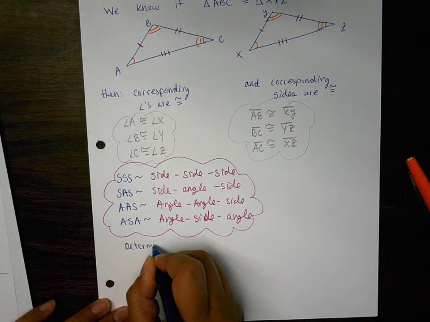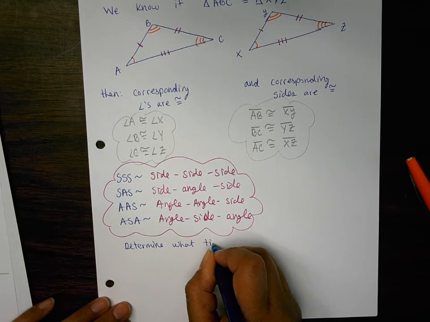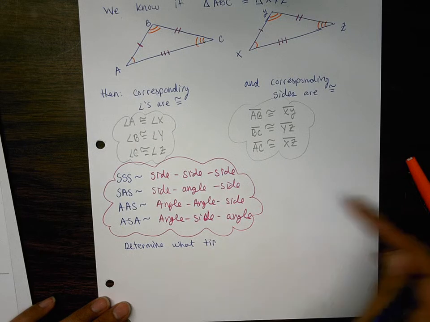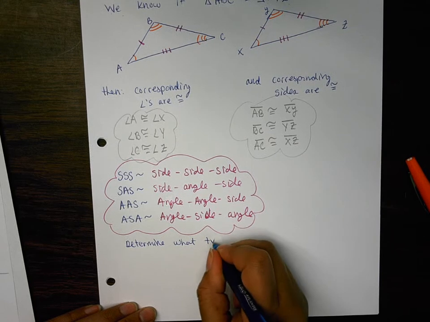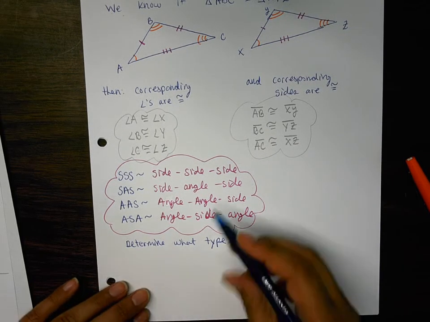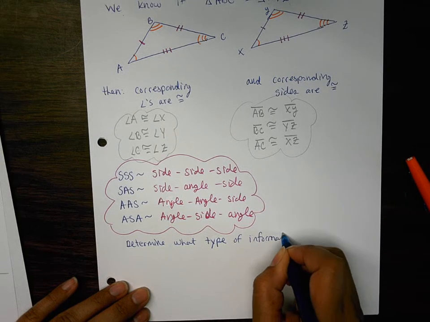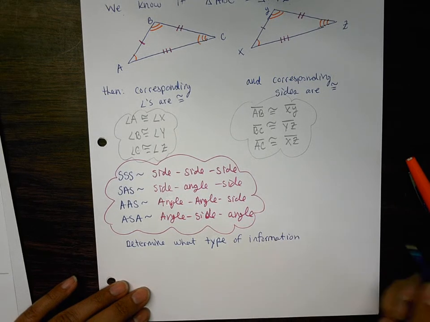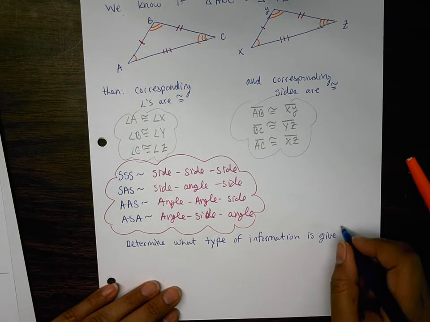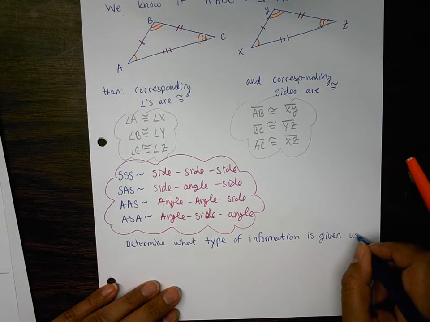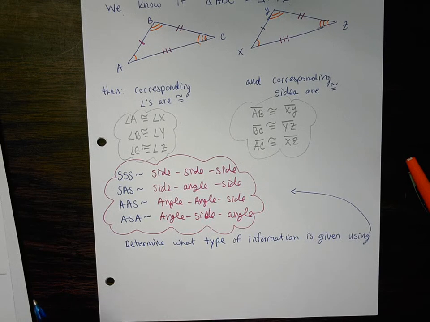So, again, we're trying to start small, determine what type of information is given, using these up here.